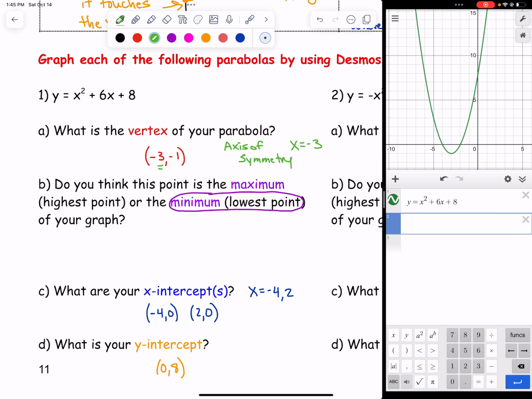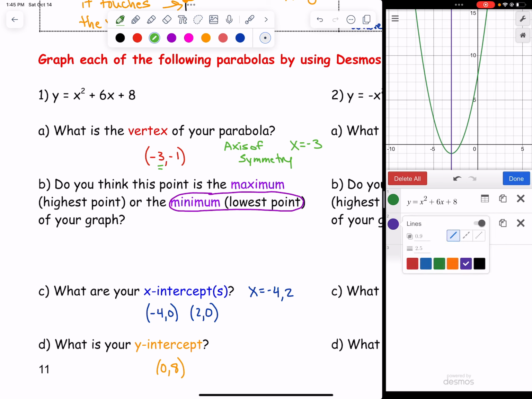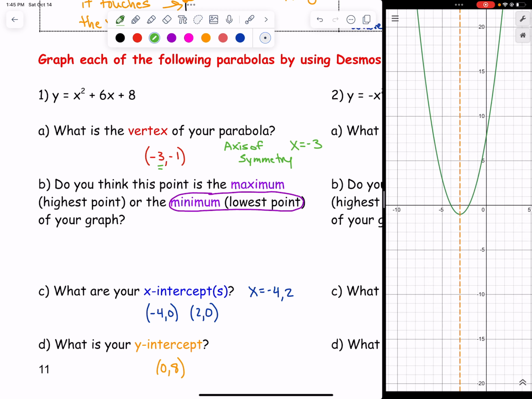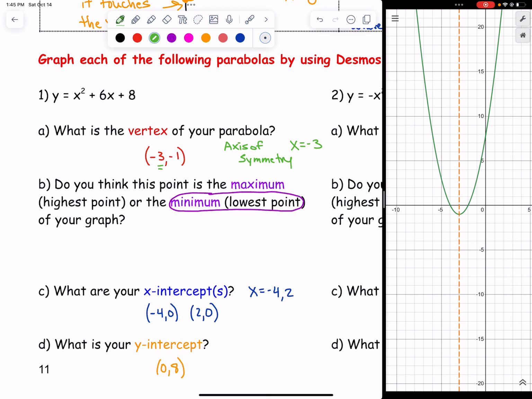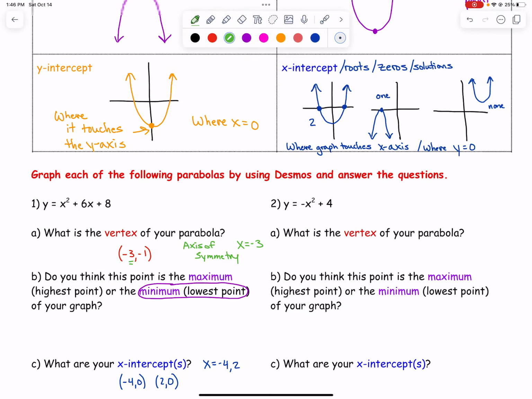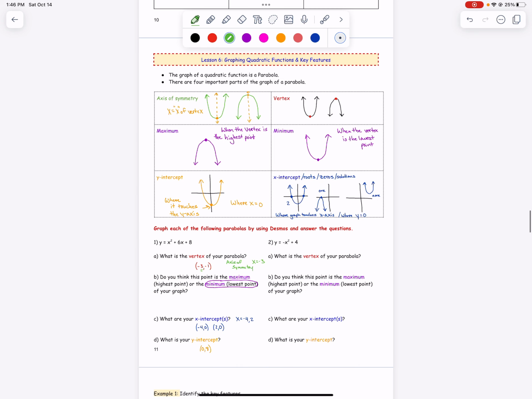I'm going to graph it for you as well. I can change that to be a dashed line, and I'm going to make it orange so it'll stand out nicely. See how it's the imaginary line where if I fold this green parabola in half, it would line up exactly with the other side. Okay, so that's it for some notes on graphing quadratic functions.